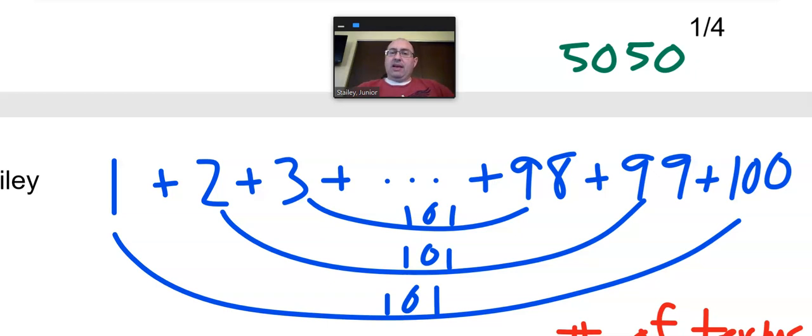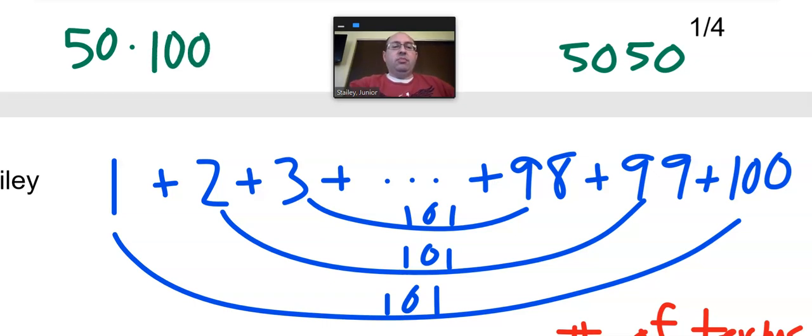It keeps doing that. How many pairs are there? Of course, the answer is 50. So, little Carl decided to take 50 times 100 plus another 50. Okay, and that's how he got his answer. Or 50 times 101. But, smart little kid, huh?